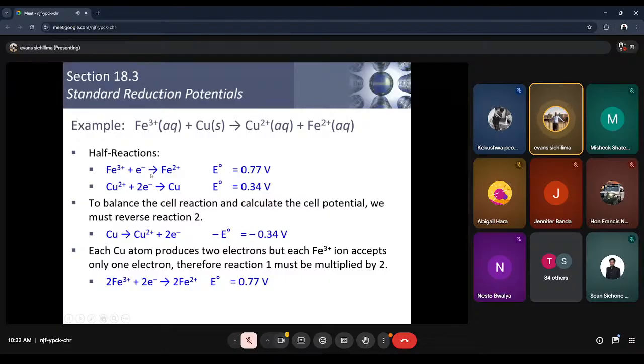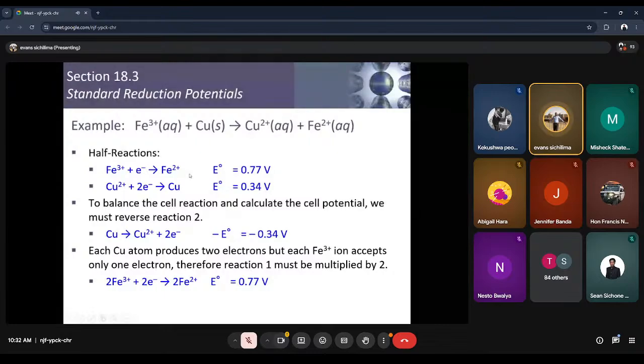But in the half reactions, or what you are going to be given in the exam or in the textbook, all half reactions are given as reduction. They are gaining electrons. So this is copper 2 plus to copper neutral. So it's gaining 2 electrons. And this is the potential that is generated when this happens.